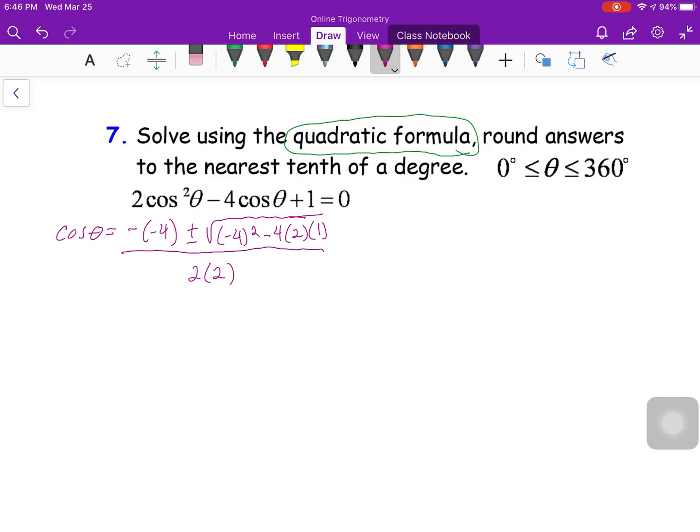So that's just your regular quadratic formula. But take note that it isn't theta that's equal to that, it's the cosine of theta that's equal to that. So now, we're going to have to work that out.